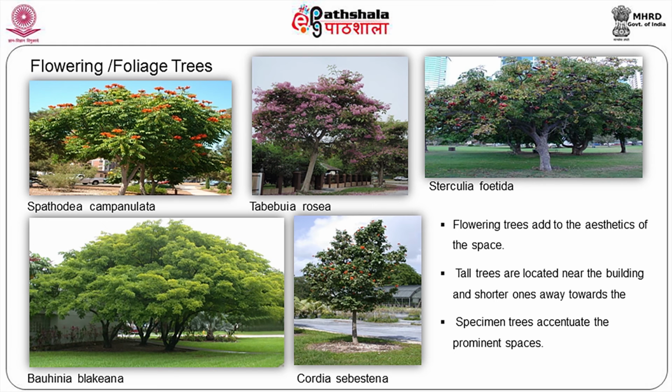Flowering trees: Spathodea, Tabebuia rosea, Sterculia foetida. Then you have Bauhinia, Brownea, Cordia sebestena. These are some of the flowering trees added for aesthetic purposes. Tall trees are located near the building and shorter ones away from the building.